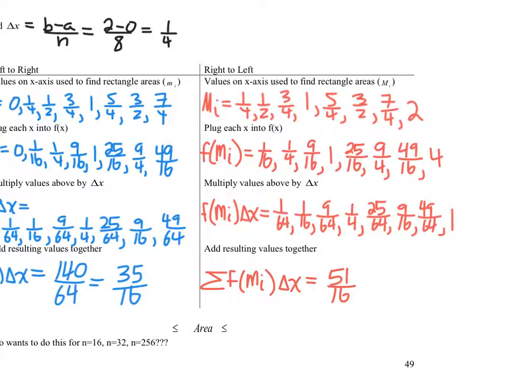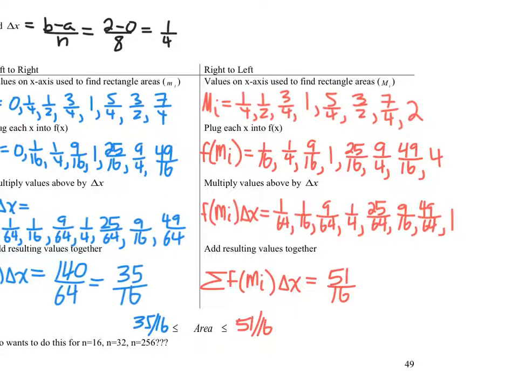Just tack it on. So we know that the area is somewhere between 35/16 and 51/16. Now, we can get some decimal values for those.